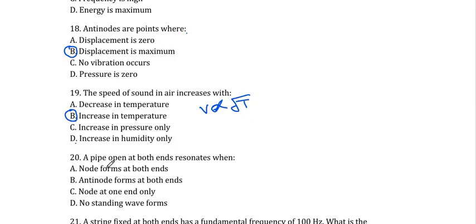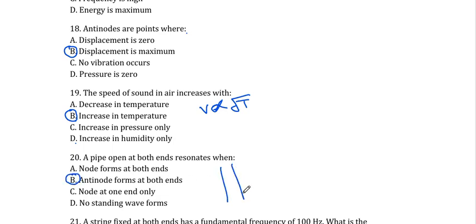Okay. Now number 20, a pipe open at both ends resonates when A. Nodes form at both ends, B. Antinodes form at both ends, C. Node at one end only, D. No standing wave forms. The answer is B. Antinodes form at both ends.